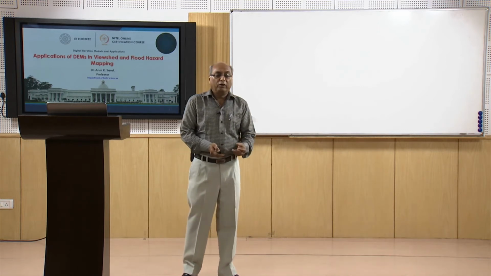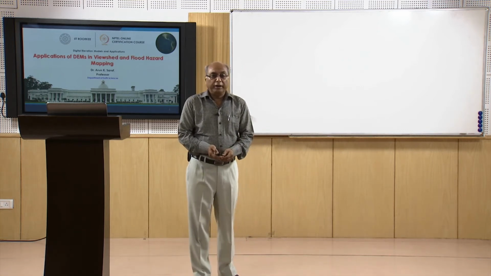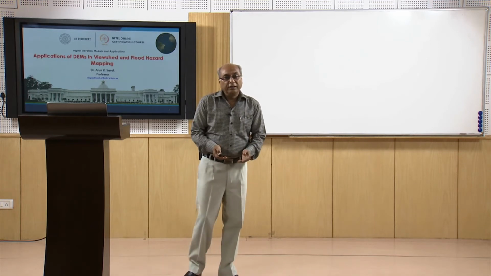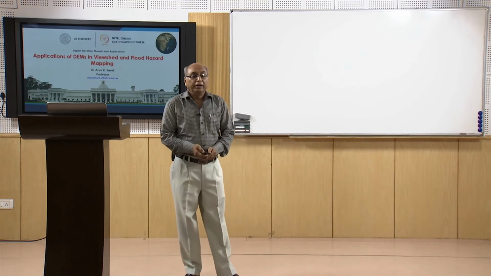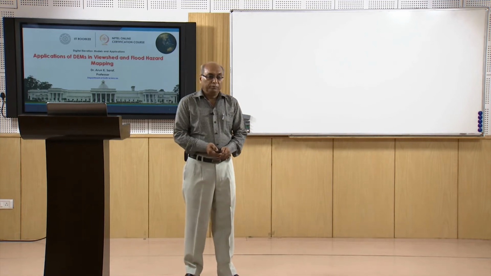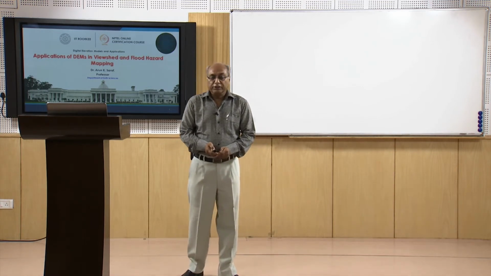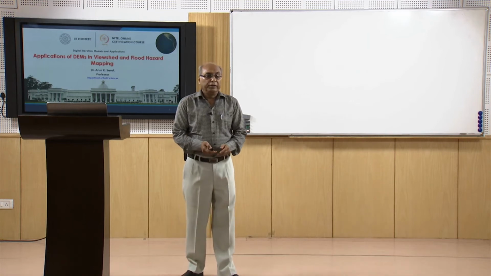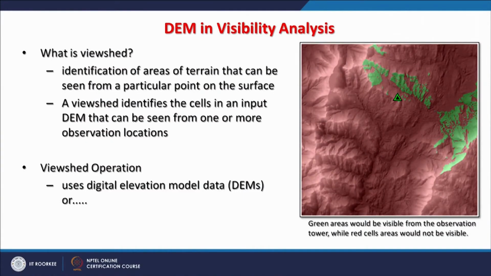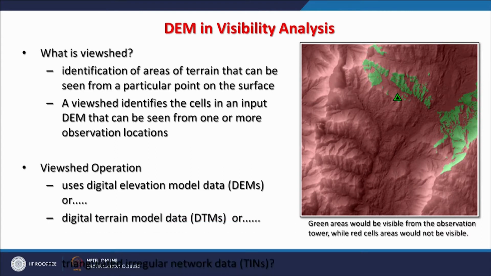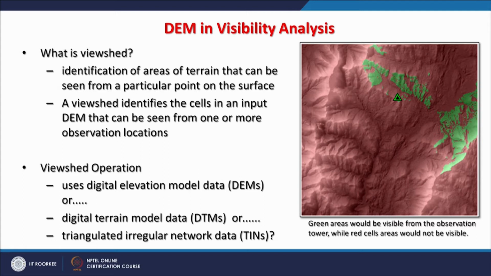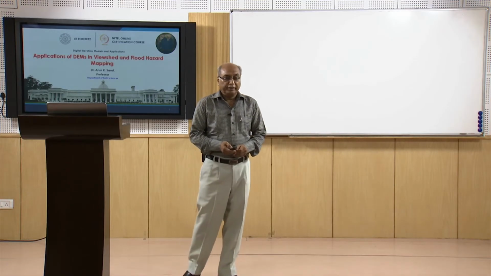Through a point file, that information can be provided along with offsets and other things, and then a combined viewshed analysis can also be performed. This operation involves, of course, a digital elevation model, which is the main input here, or a digital terrain model, or maybe a TIN. A TIN, which is another terrain surface representation, can also be employed for viewshed operations or analysis.